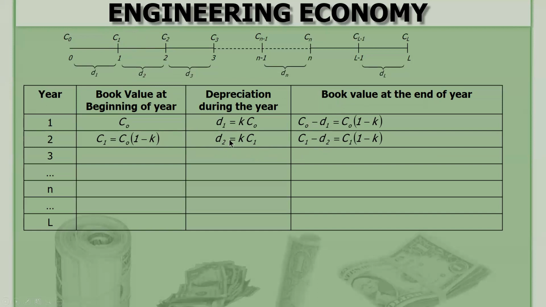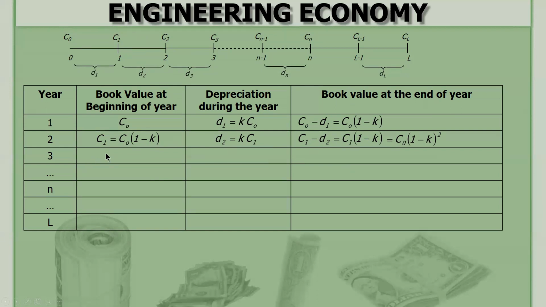And if you replace D2 by K C sub 1, and then you factor out C sub 1, the result is this. But if you replace C sub 1 by C sub 0 times 1 minus K, you get C sub 0 times 1 minus K times 1 minus K. So the result is C sub 0 times 1 minus K squared.